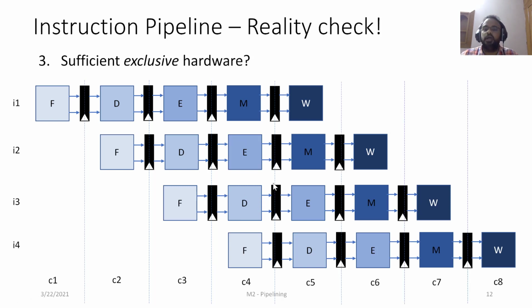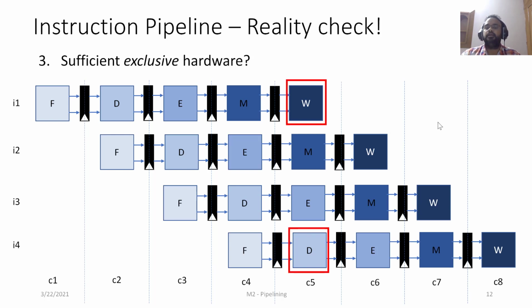Now if we closely observe what's happening in C5, this fifth cycle, as part of execution of I1, we will be updating some destination register, right? But in the same cycle, as part of execution of I4, we are going to read from the register file. In the decode stage, we identify which registers we need to read, and we are going to read from that register file.